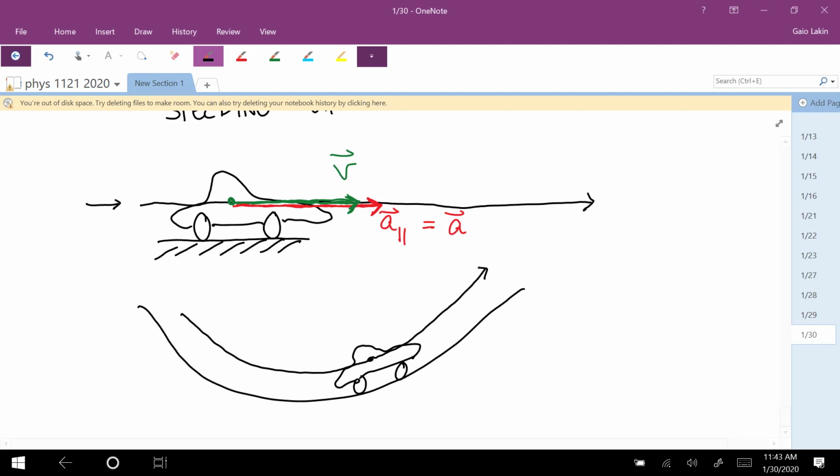Okay. So it's traveling along this curved path. Okay. The velocity vector is tangent to that path at that instant. Okay. If it's speeding up, then the parallel part of the acceleration is the same direction as the velocity.